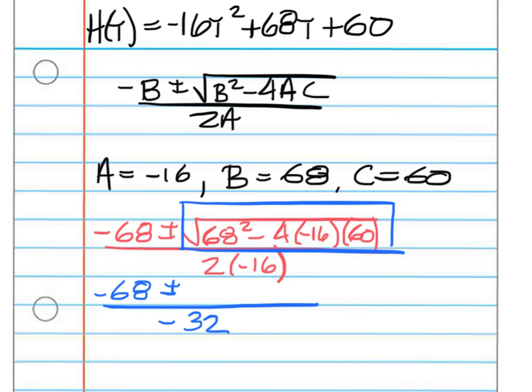So let's do 68 squared. And that's 4624. Look at the middle. It's minus and then a negative. Minus a negative converts to what sign? Positive, so it'll be plus. So we want 68 squared plus whatever 4 times 16 times 60 is going to be. And that comes out to be, under the square root sign, 8464.